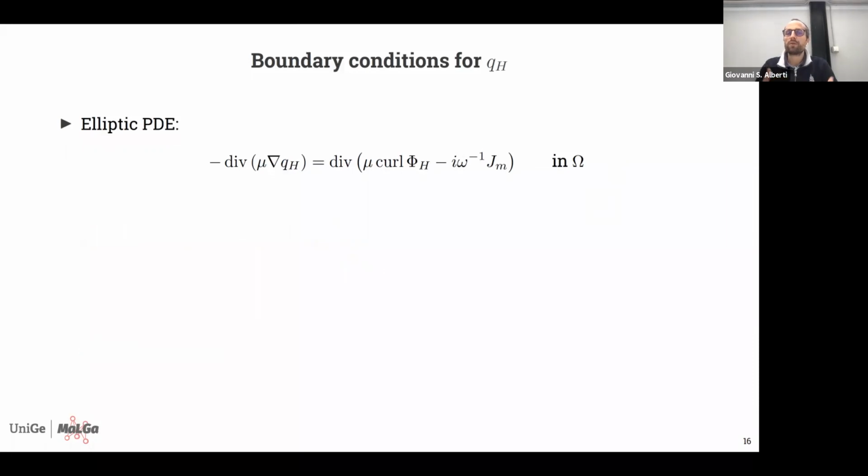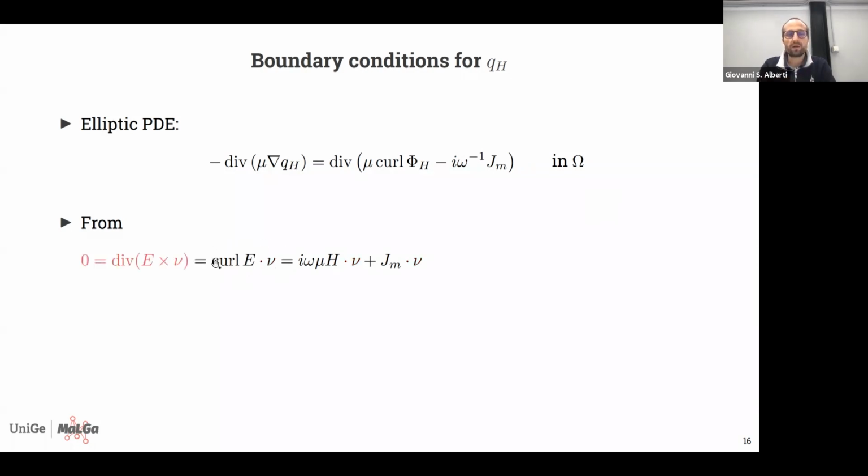QH doesn't have, unfortunately, its own boundary condition. So what can I obtain for QH? Well, let's see. So this is one of the 2 Maxwell's equations. I take a normal trace on the boundary, and so that's what I write here. And then on the left, I expand these. I use a vector identity.